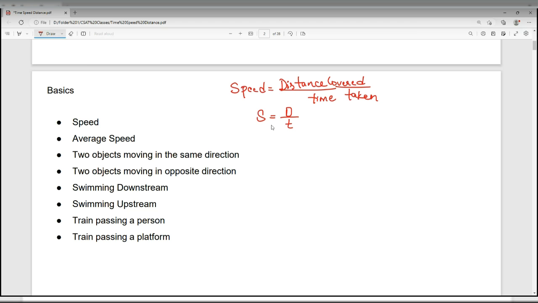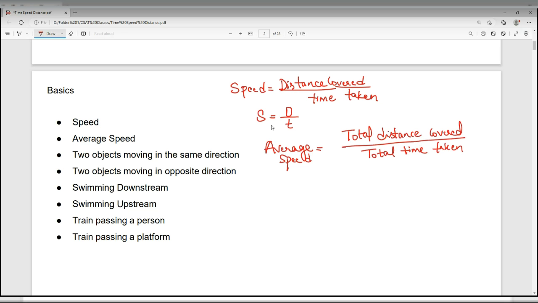And then after that, we have average speed. The basic formula or the definition of average speed is total distance covered upon the total time taken. So I'll not be discussing any shortcuts in this session.